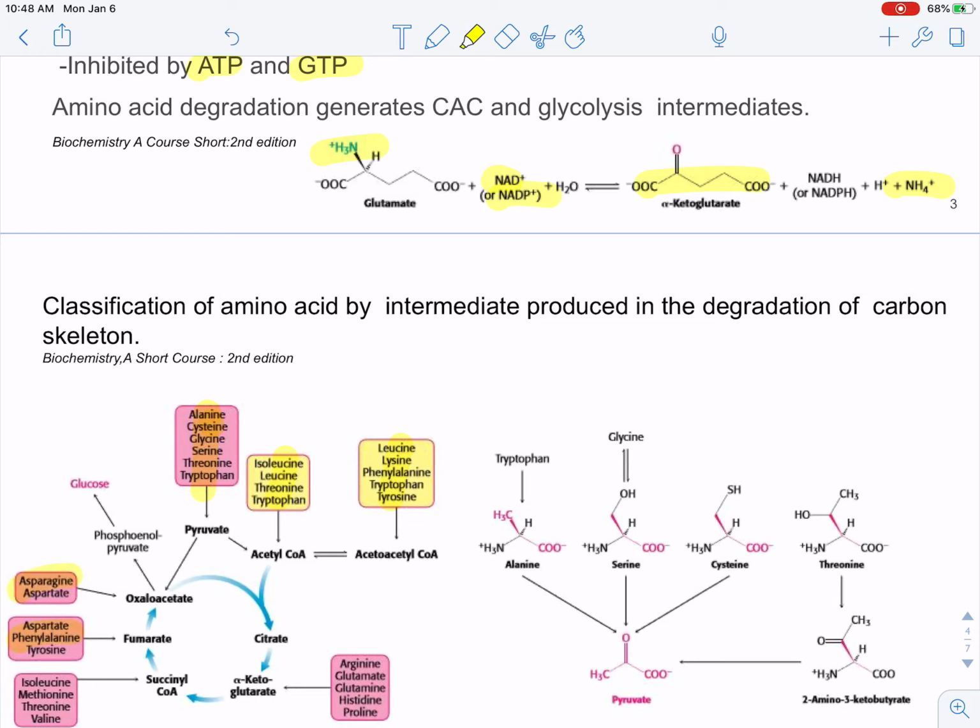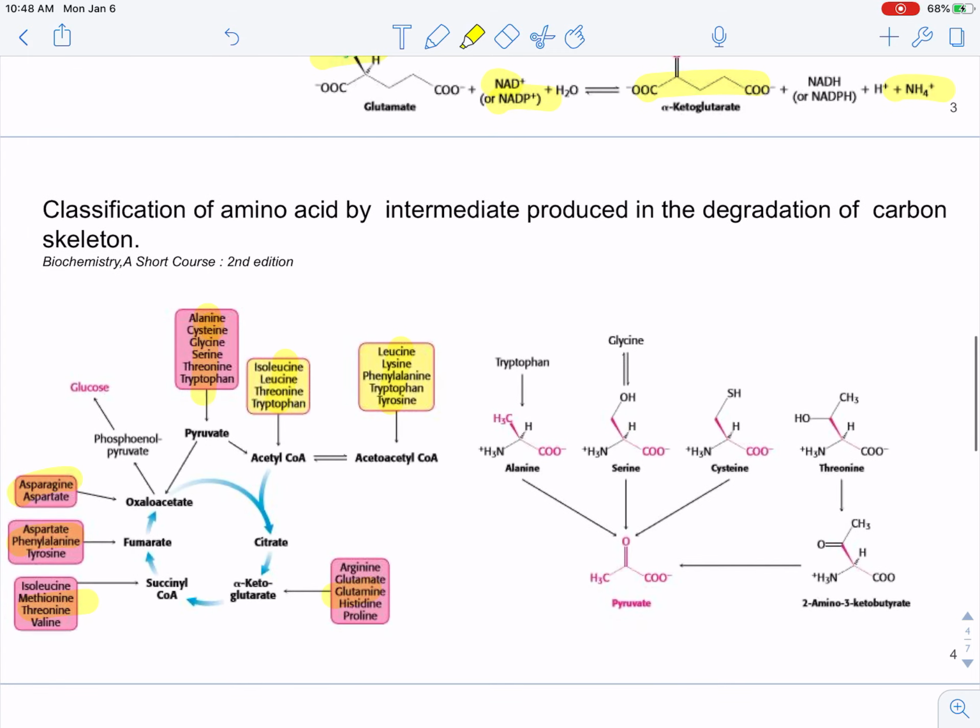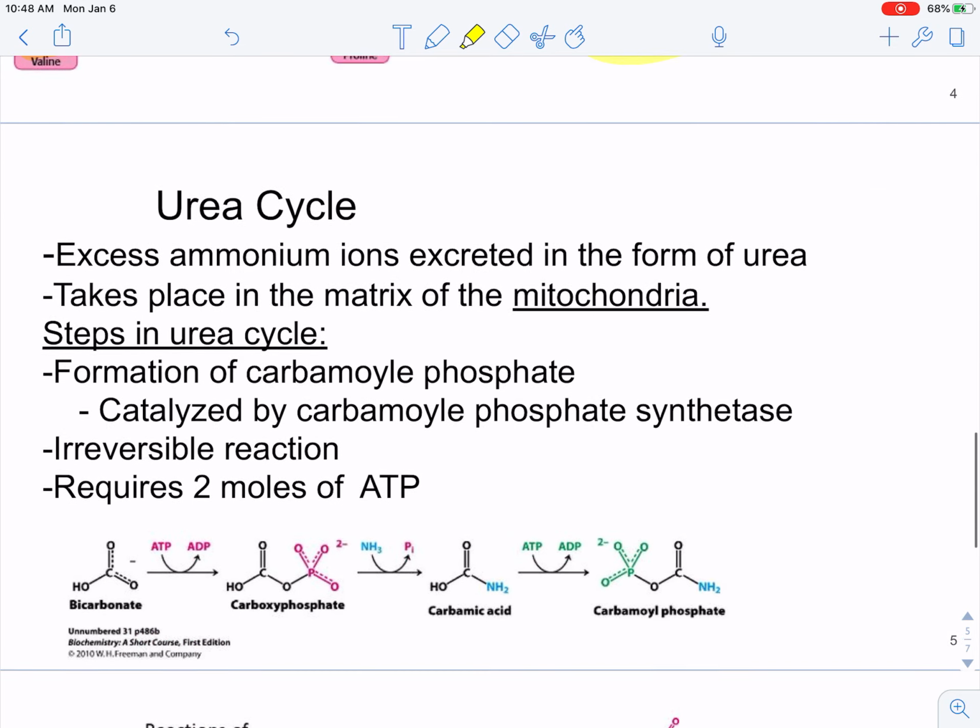You can see all these groups are forming intermediates in the citric acid cycle. This structure is just an emphasis on what I just said about the citric acid intermediates, just the structure demonstration. So we have the pyruvate being the ultimate for this group of amino acids.